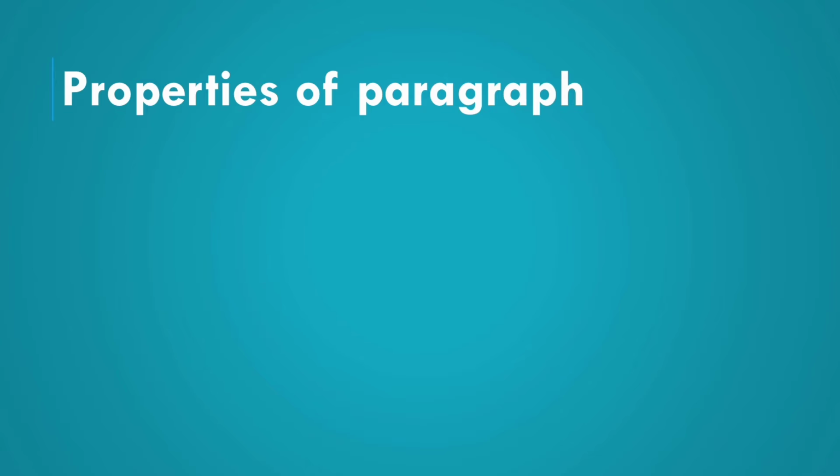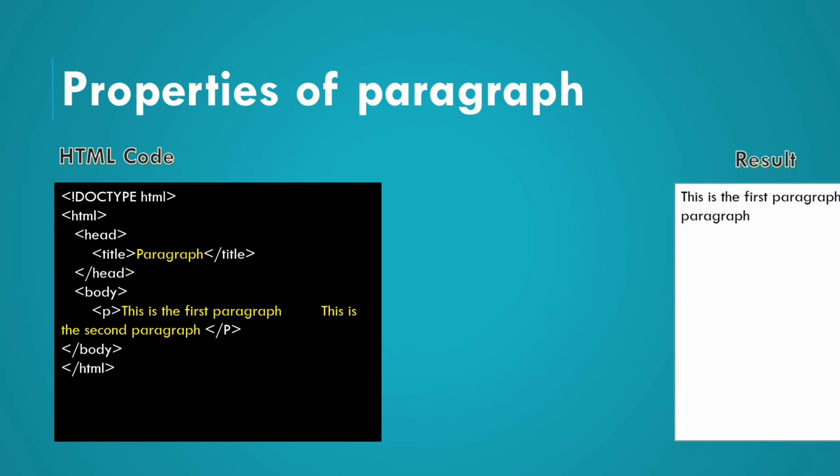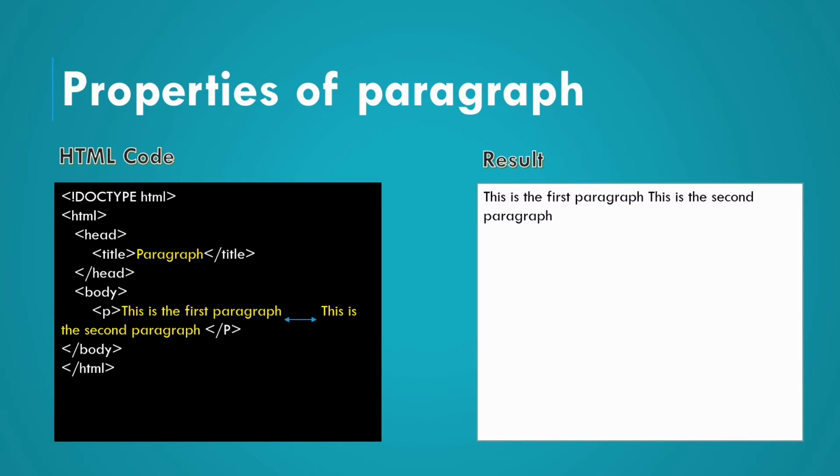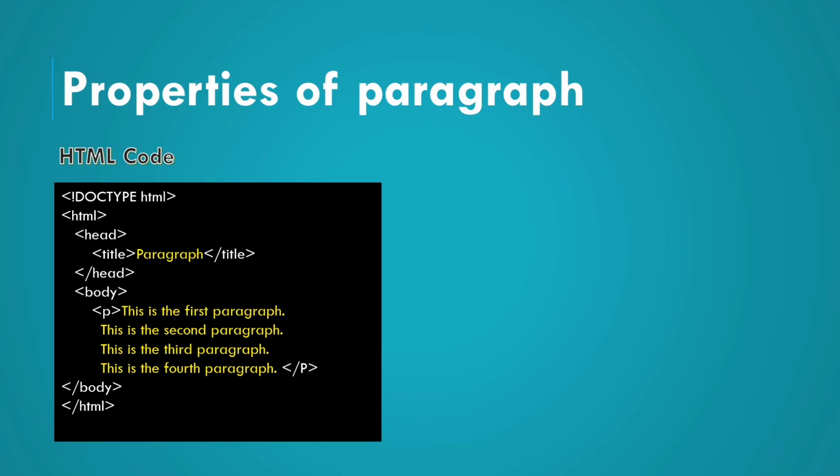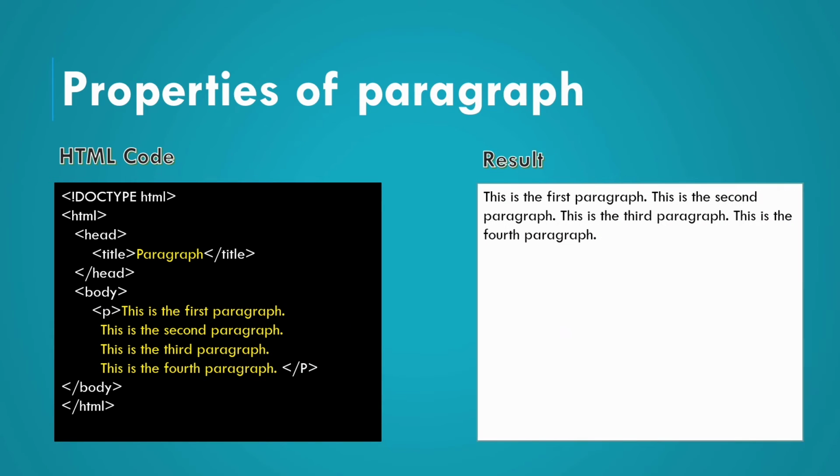If a user adds multiple spaces, the browser reduces them to a single space. If a user adds multiple lines, the browser reduces them to a single line.